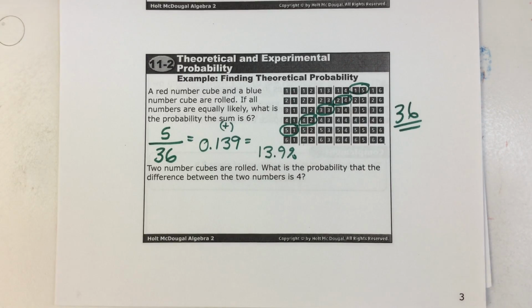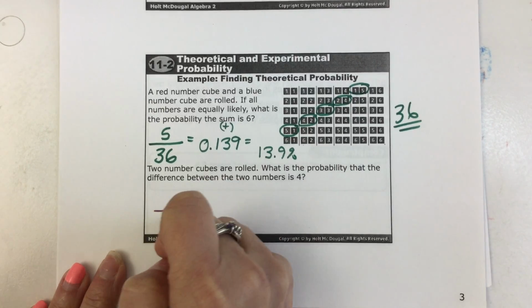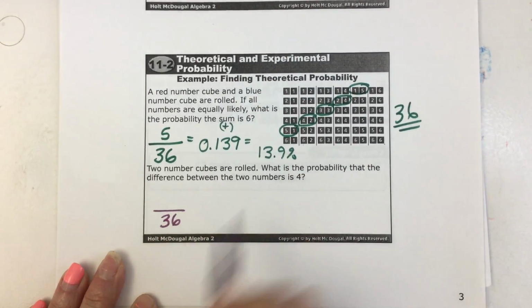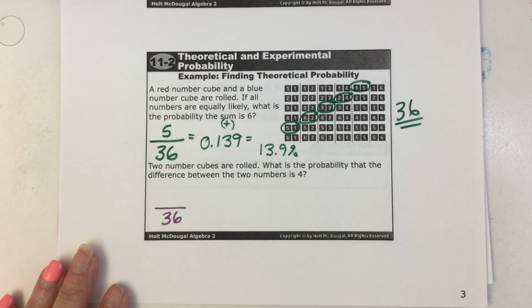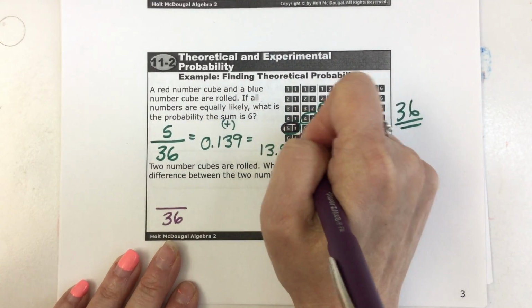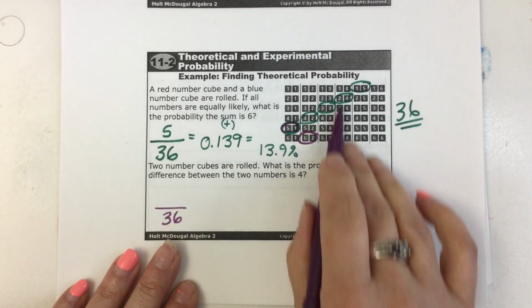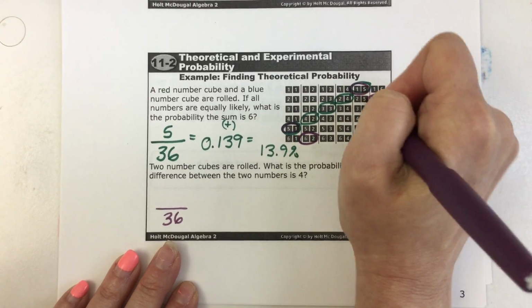Okay, next one. Two number cubes are rolled. Here is a list of your possible options. What is the probability? So out of the 36, how many have a difference between the two number cubes of 4? So if you take the two number cubes and you subtract, can you make a 4? Well, 5 minus 1 is 4. 6 minus 2 is 4. Here, I can't make a 4. I can't make a 4. Ooh, 5 minus 1 is 4 and 6 minus 2.